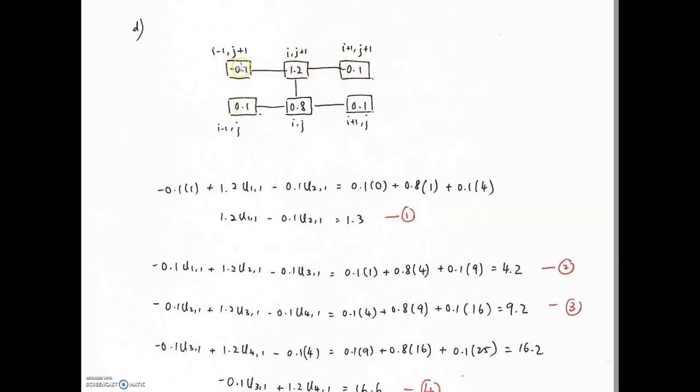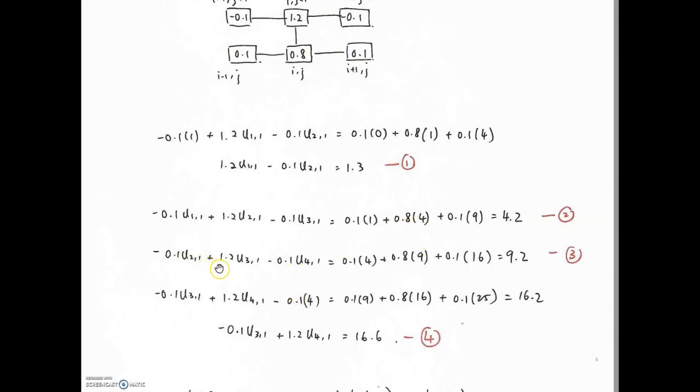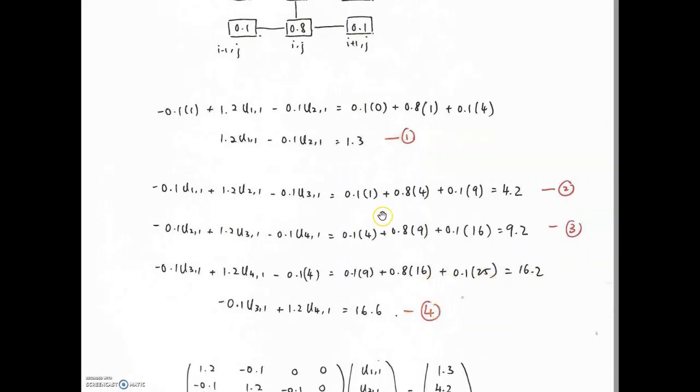We have three unknowns here, which are u11, u21, and u31. These are the values that we obtain from the boundary and the initial conditions. The third one is also the same, and we continue until we have obtained 4 equations.